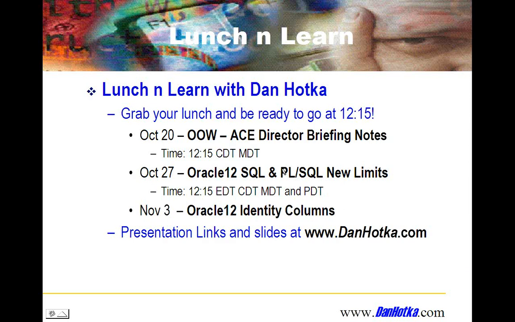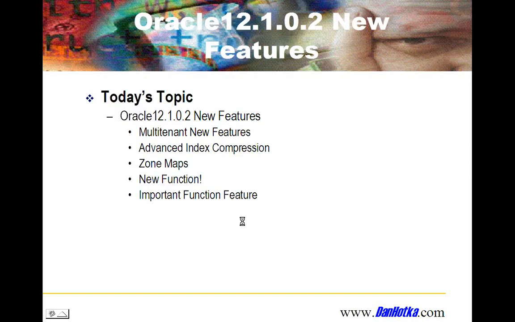Next week, I will be going through a few of my Oracle ACE Director briefs. In 2 weeks, we'll get back to other Oracle 12 topics, PL/SQL and SQL new limits, and on November 3rd, identity columns. On November 10th, I'm probably going to go back and do some more Oracle 12.1.2 new features.